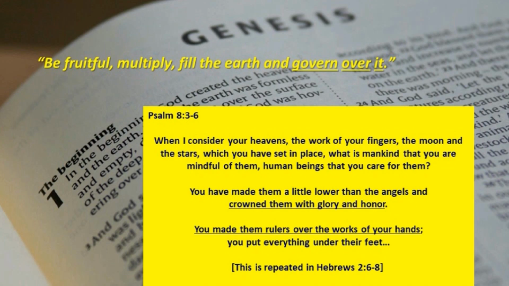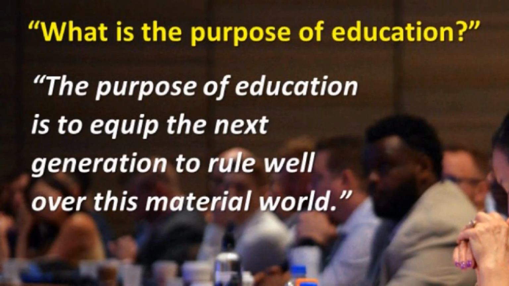You put everything under their feet. It's also in Hebrews. But let me dissect this statement a little more. I said to equip the next generation to rule well over this material world. When a lot of people hear that word rule, they think of political rule. And I'm just saying that's not the whole of it.